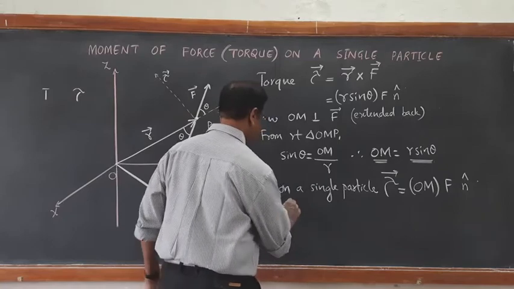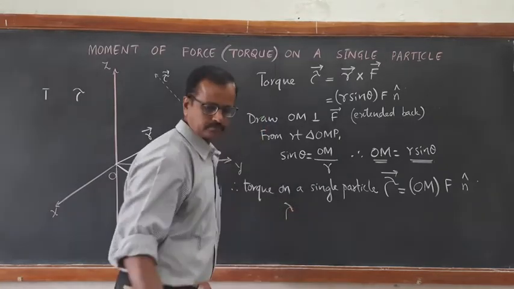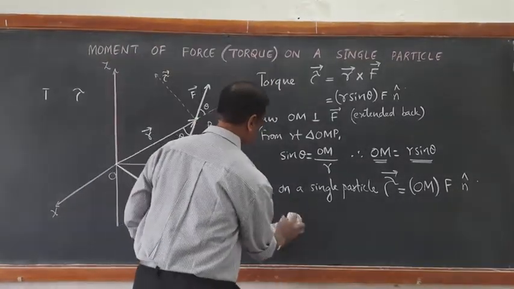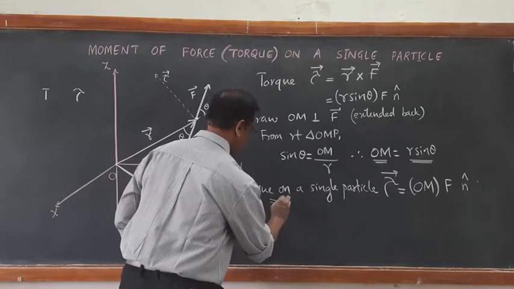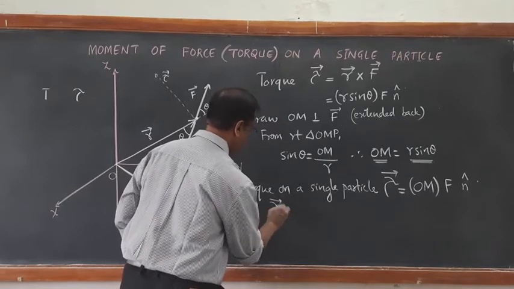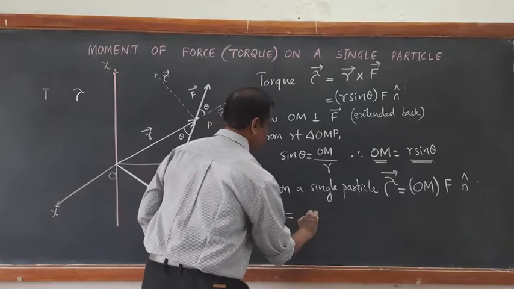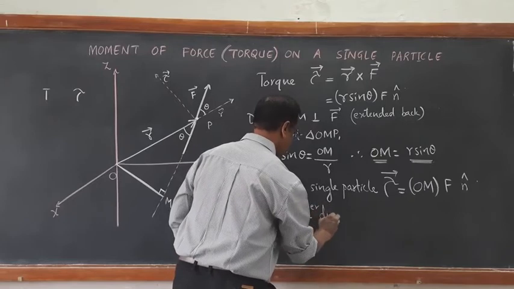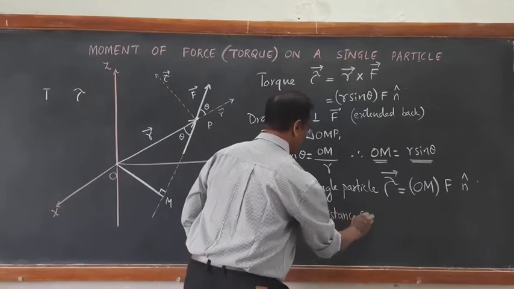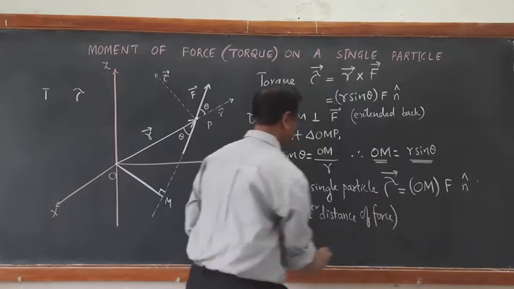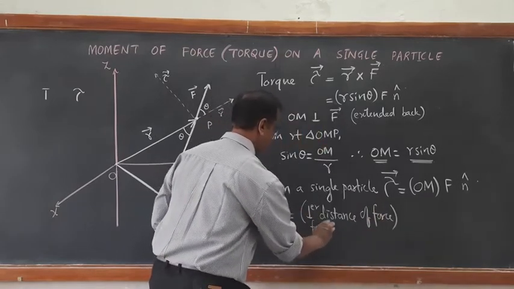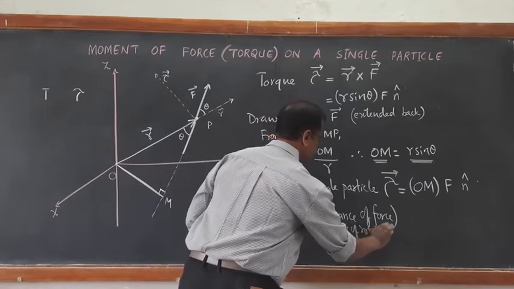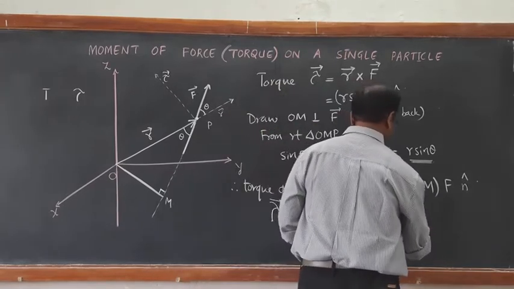Therefore, torque tau can be written as R sin theta, that is the perpendicular distance of force from axis of rotation, into magnitude of force.